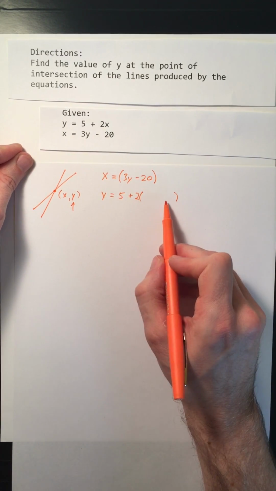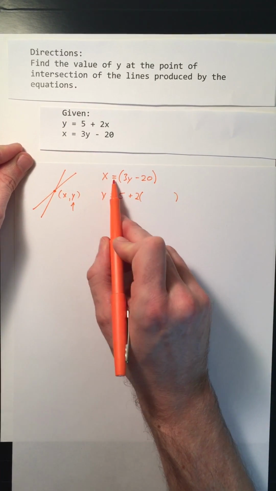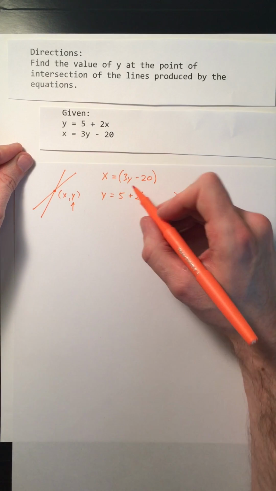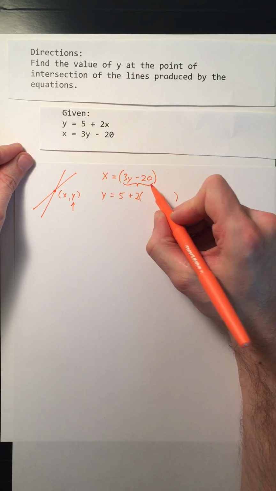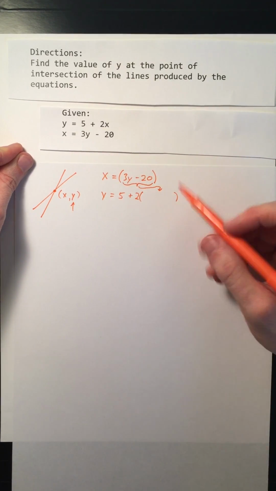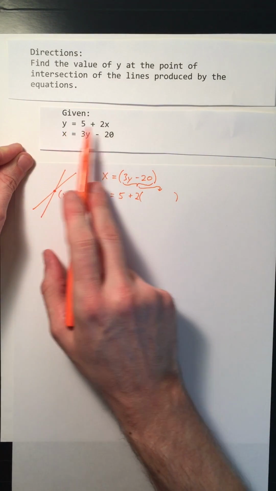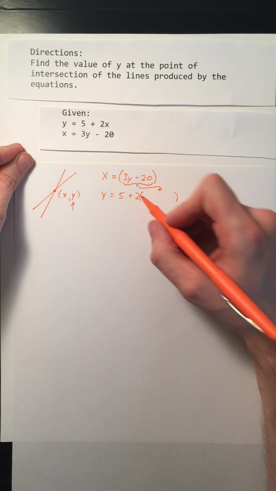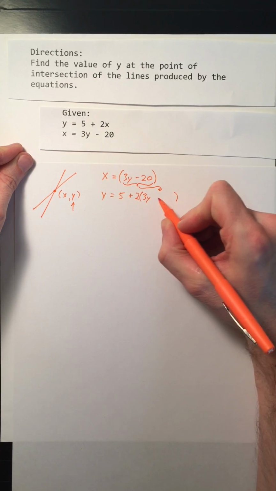So I didn't write an x. X equals this stuff. I'm going to take that stuff and substitute it in where the x was. And so instead of x, it's 3y minus 20.